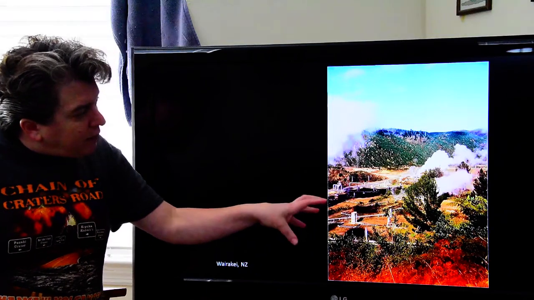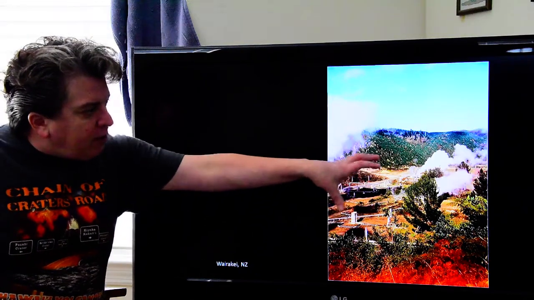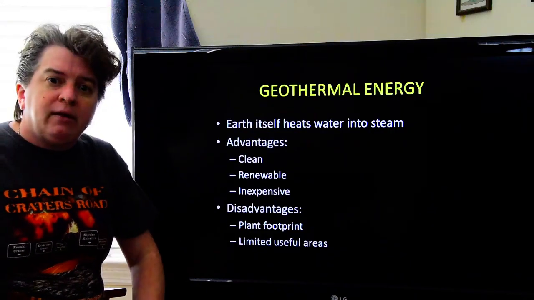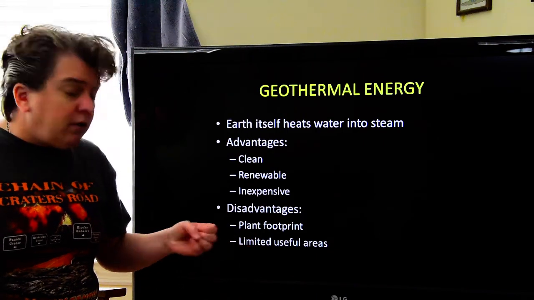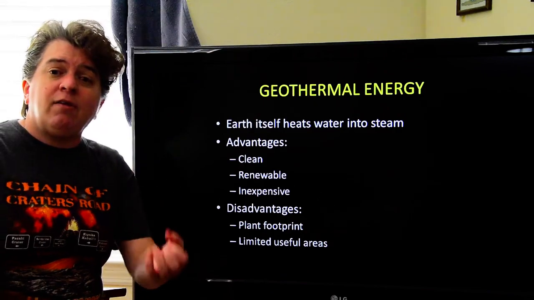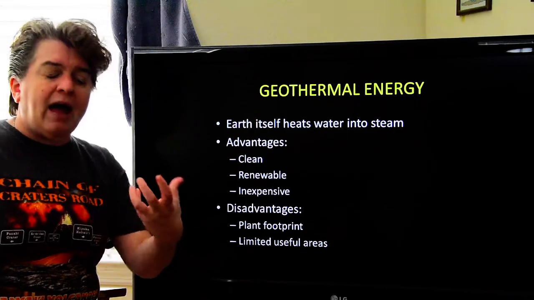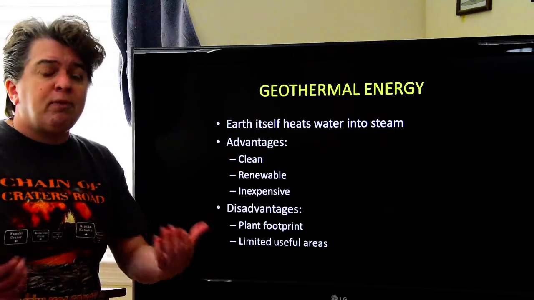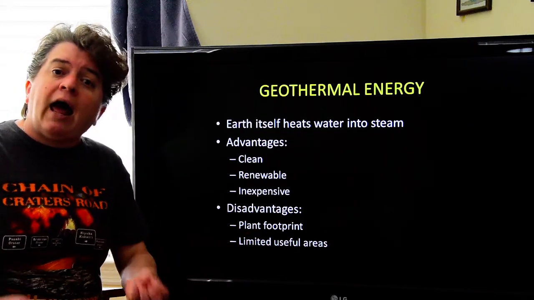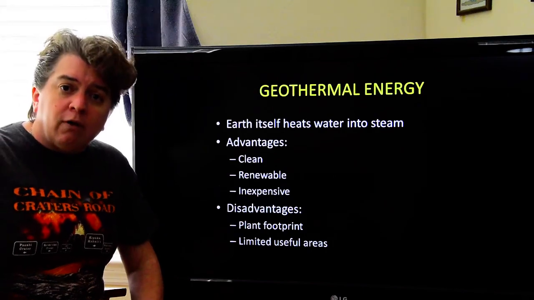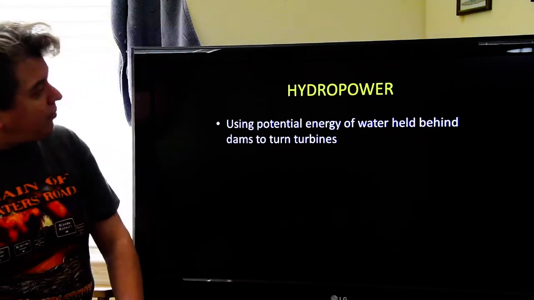So you have to think about that footprint, where the plant is going to be located. And again, this is limited to certain useful areas. I said you have to be in these volcanic areas where we have this hot groundwater. In a place like here, this isn't going to work because we just don't have hot enough groundwater to be able to generate electricity from it.